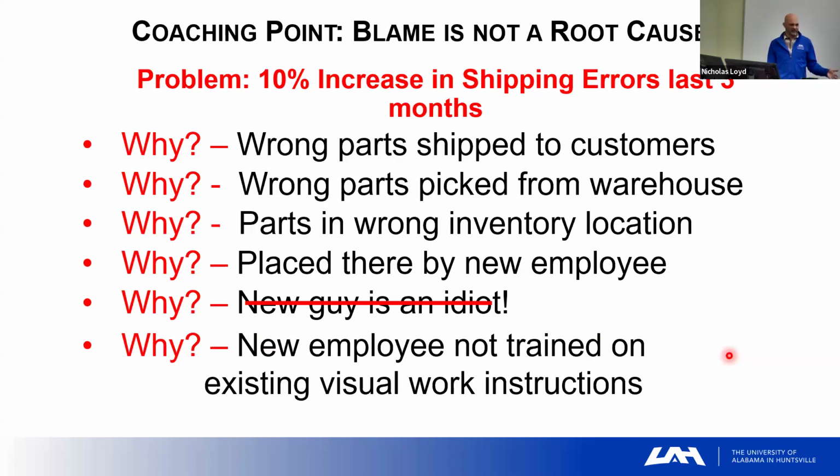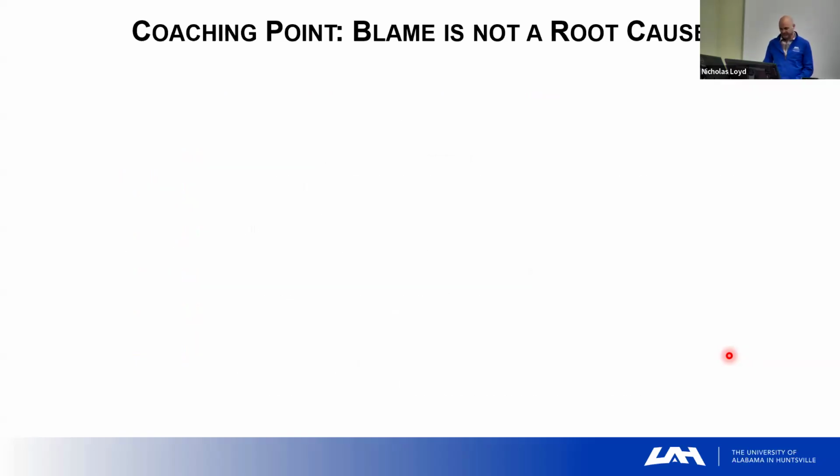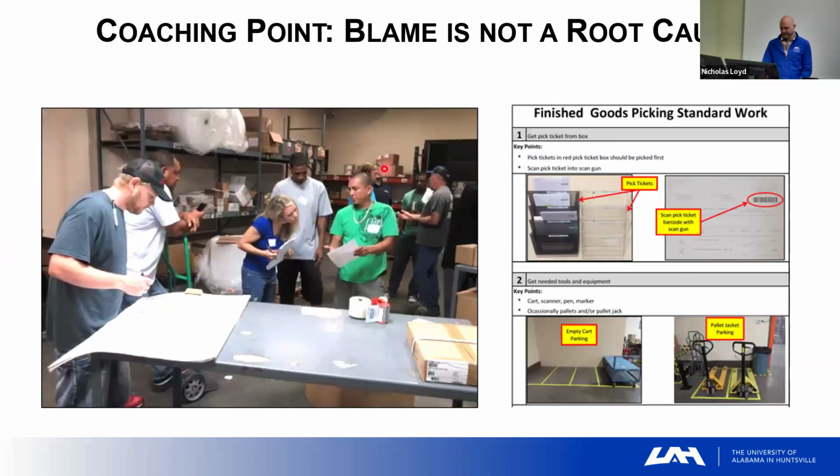If we properly go back, instead of saying you guys are idiots, we say, oh, the new employee wasn't trained on the existing visual work instructions that were put in place 2 months earlier. I literally went and talked to him, showed him these. He said, I've never seen them.